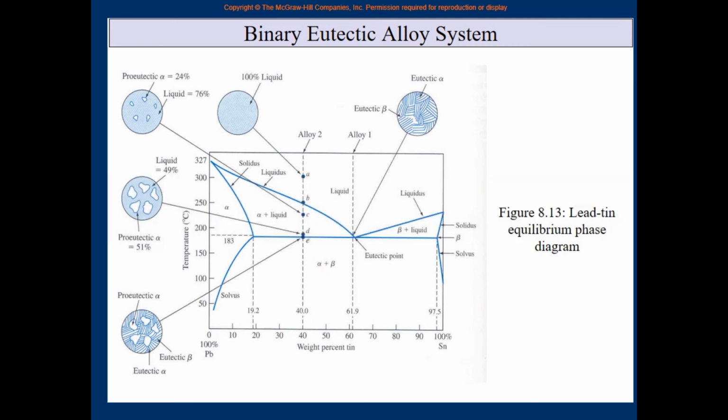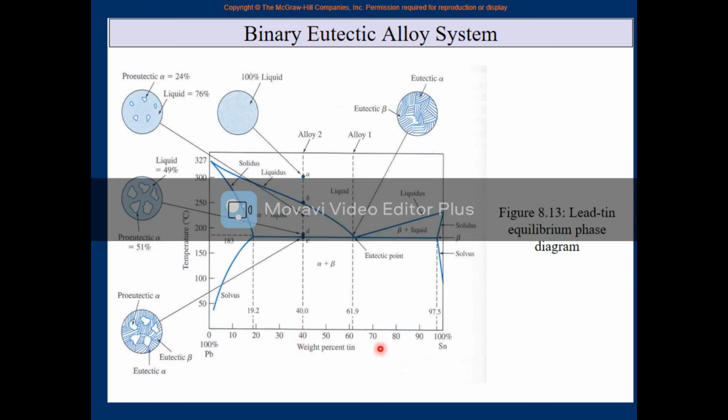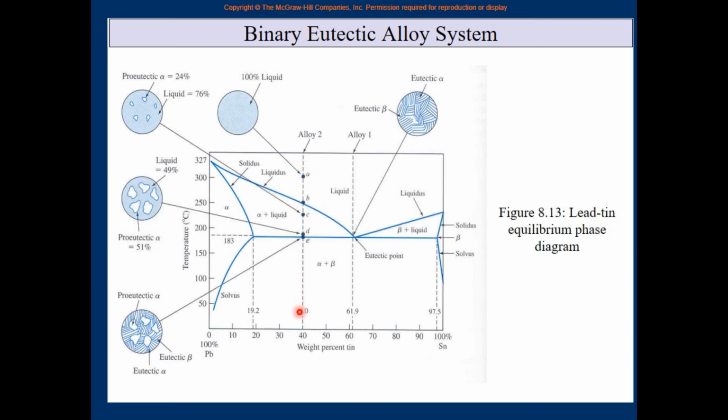So this is very important. If you understand this, you understand almost everything in phase diagrams. So let me repeat. The example was that we have given you a 40 weight percent tin alloy, and we want to find what happens when we start to cool from a very high temperature to room temperature. This is the question.